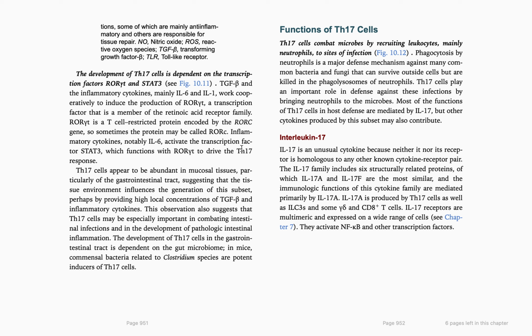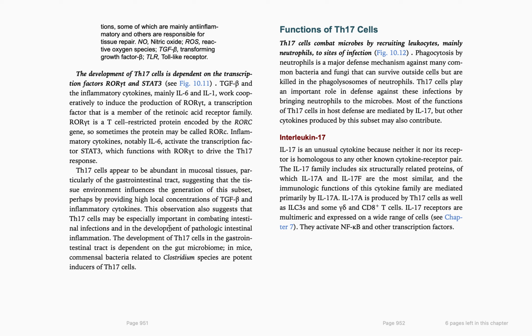Inflammatory cytokines, notably interleukin 6, activate the transcription factor STAT3, which functions with ROR gamma T to drive the T helper 17 response. T helper 17 cells appear to be abundant in mucosal tissue, particularly in the gastrointestinal tract, suggesting that the tissue environment influences the generation of this subset, perhaps by providing a high local concentration of transforming growth factor beta and inflammatory cytokines.